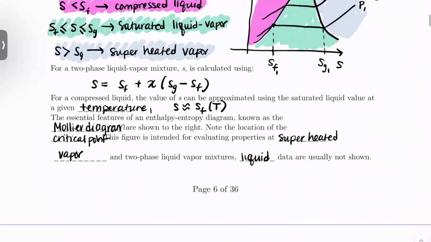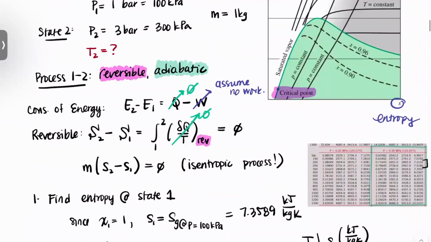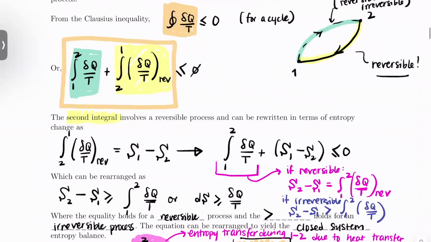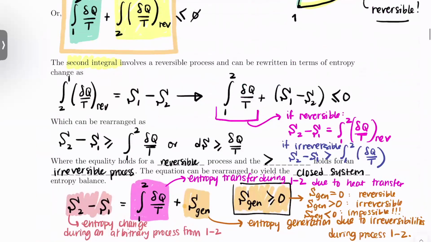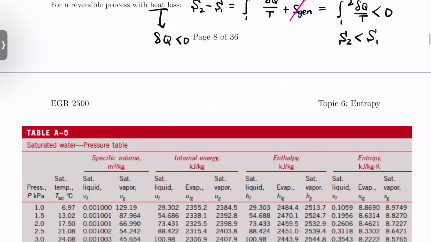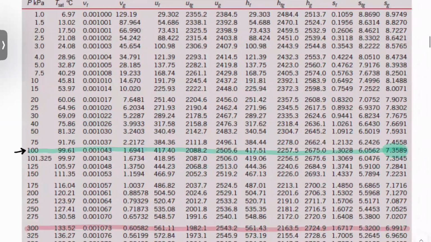We are talking about entropy in this unit, which is another property that gives us a measure of the disorder of a system. We ended up with kind of the same tools as before in terms of using the tables.